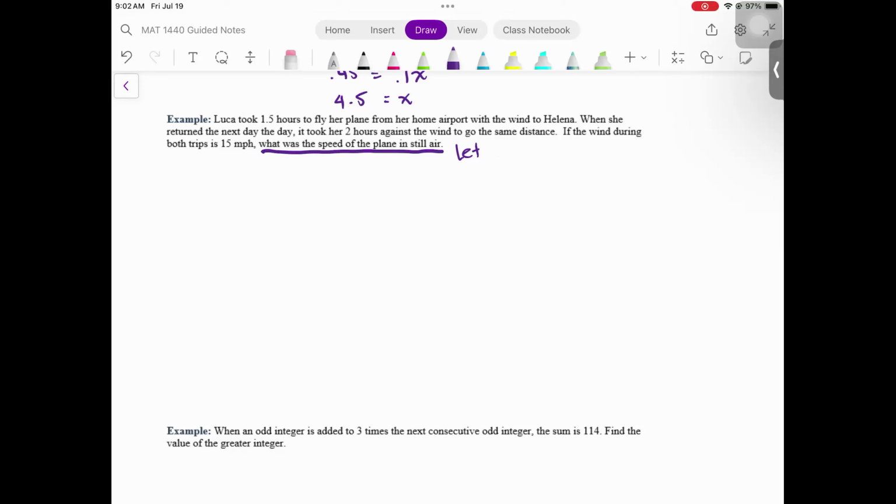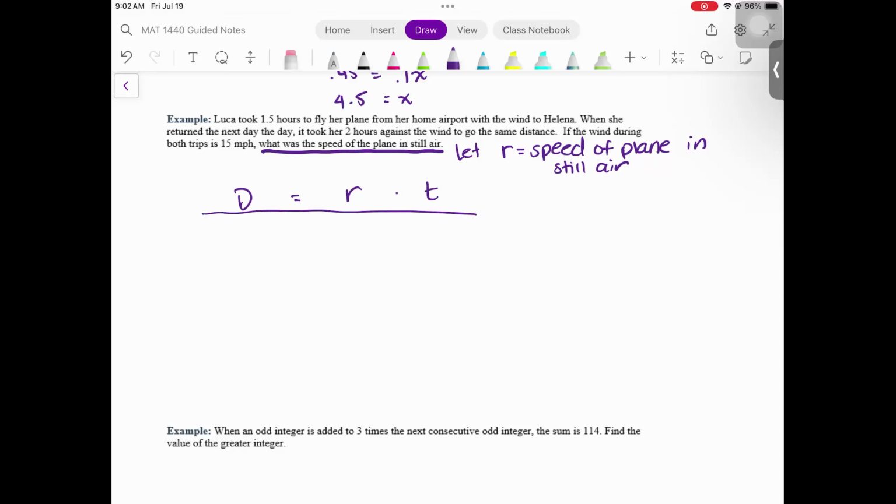So if I can make it easier, I'm going to actually use R for rate. So this is going to be the speed of our plane in still air.